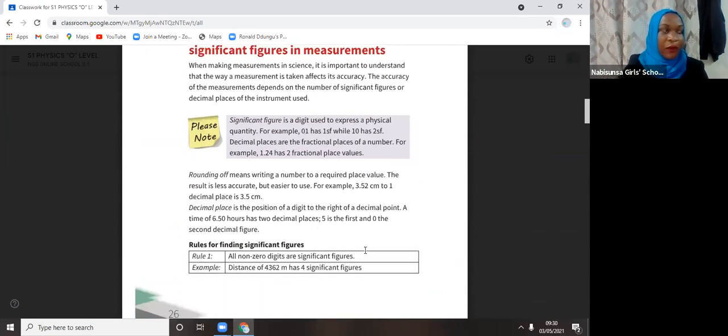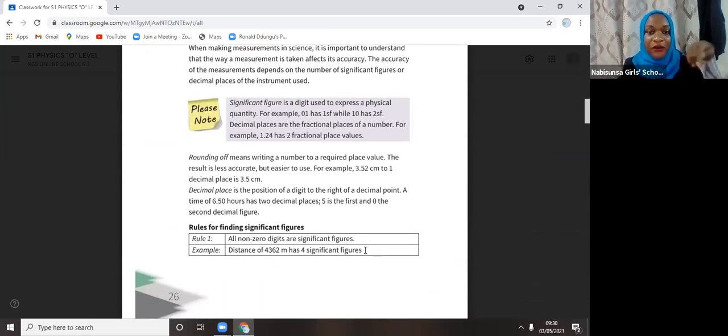Non-zeros begin from 1 up to 9: 1, 2, 3, 4, 5, 6, 7, 8, 9. All those are non-zero digits. So each time you have a number with non-zero digits, all the digits will be counted as significant figures.